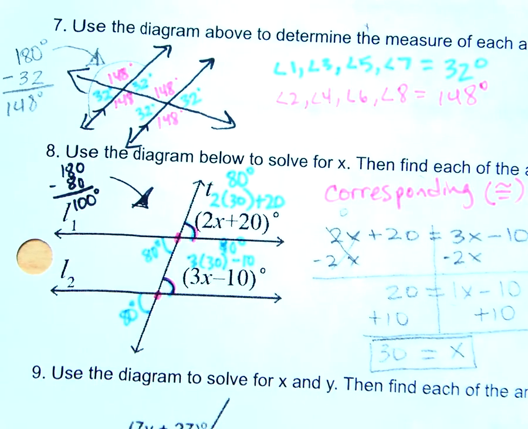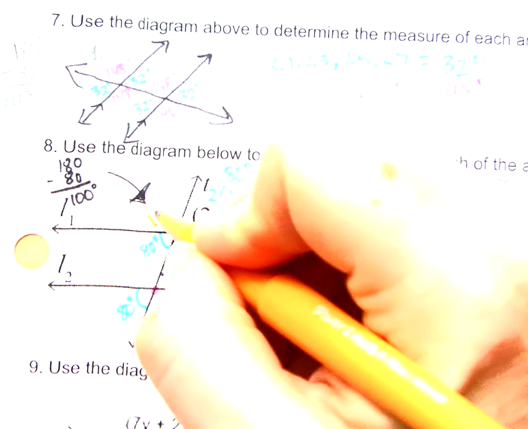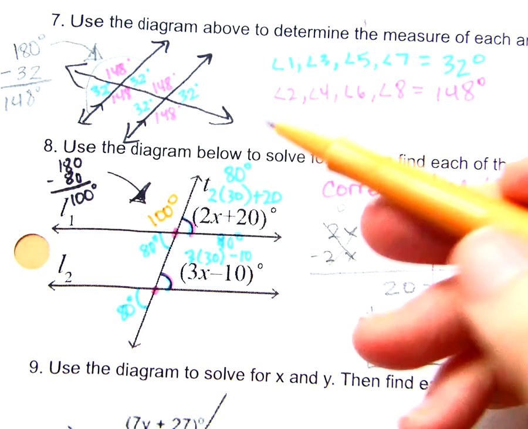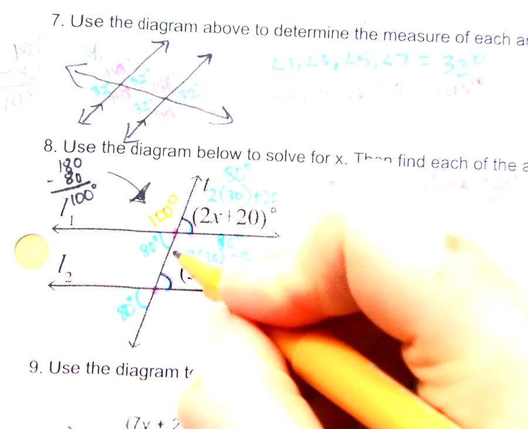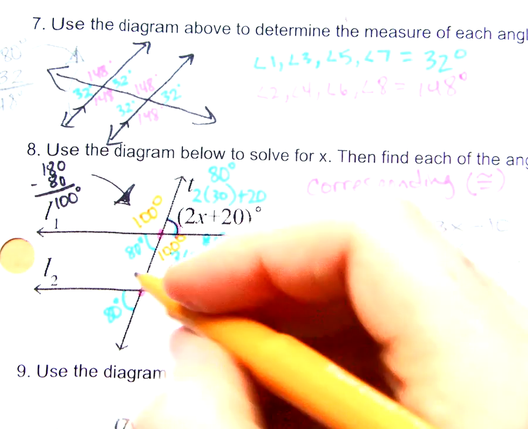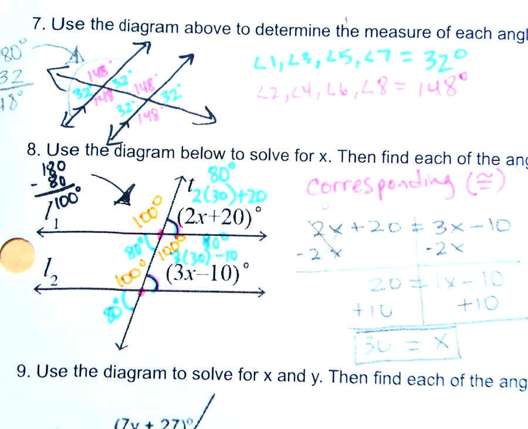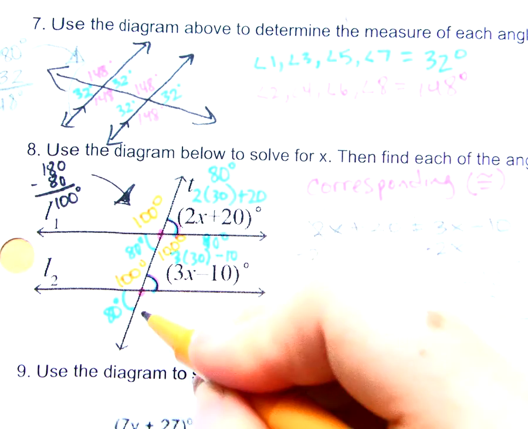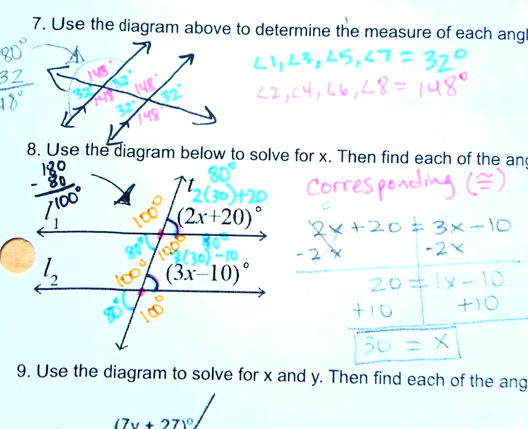Okay, so that tells me that my obtuse angles, and maybe I should use a different color here, are going to be 100 degrees, right? And then vertical from that 100, that one's 100, and corresponding to that 100, that one has to be 100. Vertical from that 100, that one has to be 100.